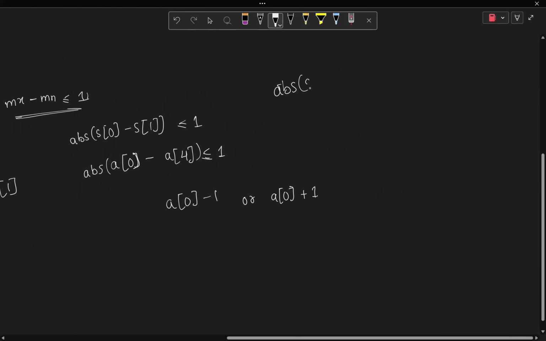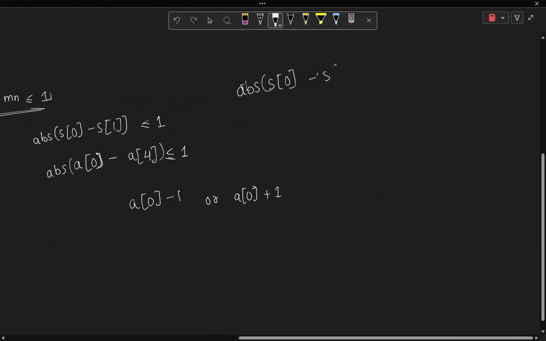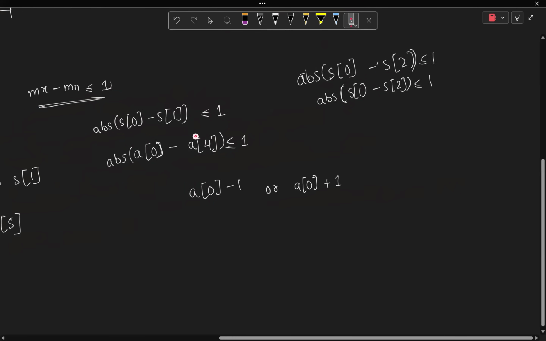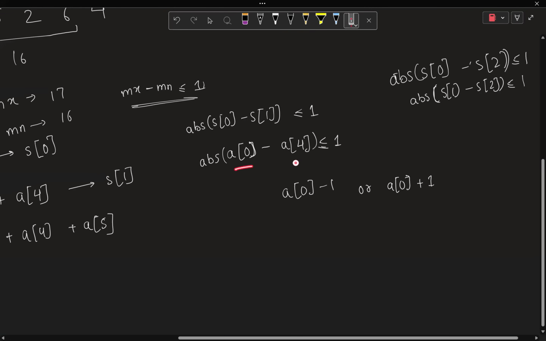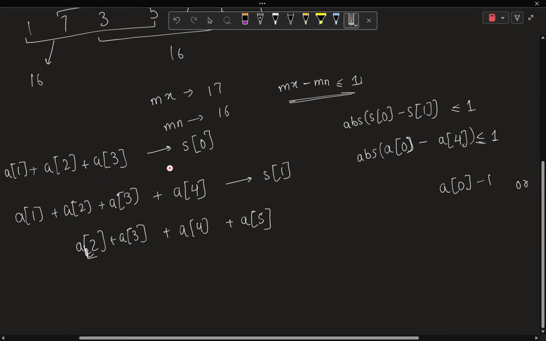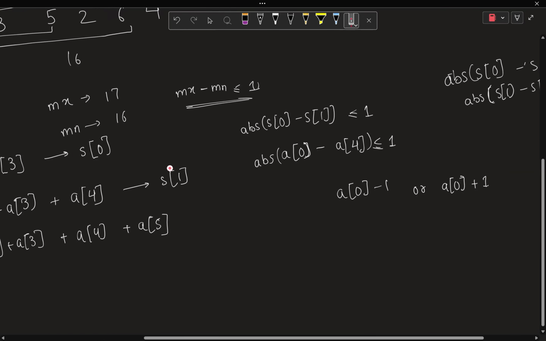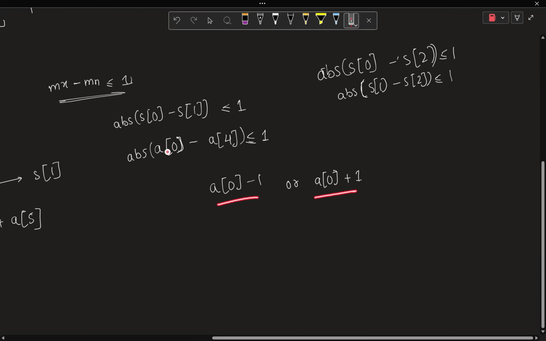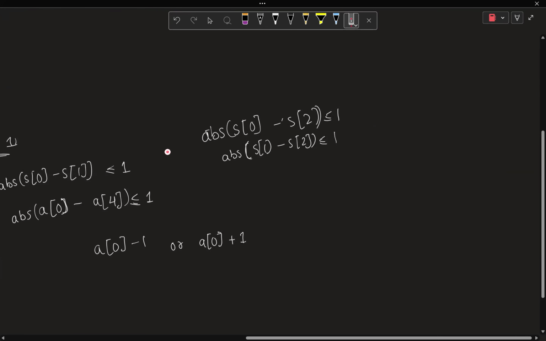The first condition is that the absolute value of S0 minus S2 should be less than or equal to 1, and the absolute value of S1 minus S2 should also be less than or equal to 1. You know this thing. And there is one more thing. The absolute difference of a0 minus a4 cannot be equal to 0, because in the permutation all the elements are unique. No two elements can be equal to each other. So we already know that a0 and a4 would be different. That is why I have said that a4 would be either 1 less or 1 greater. It cannot be equal to a0. We already know about that.